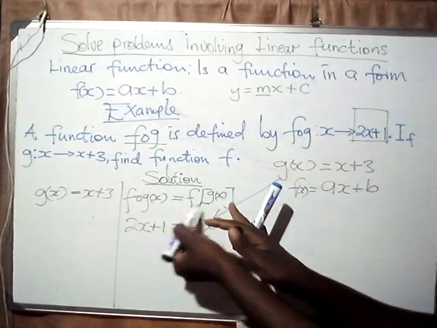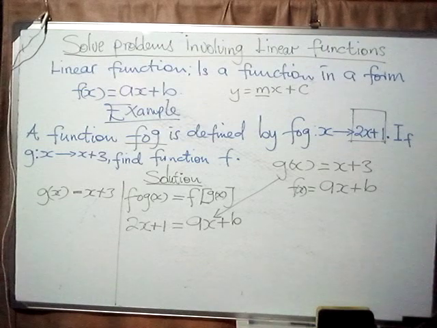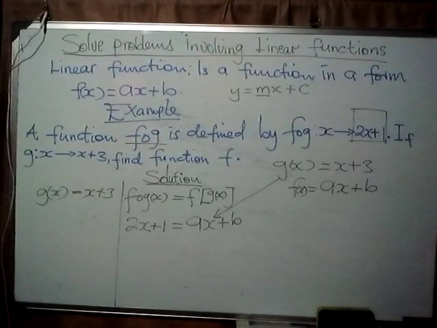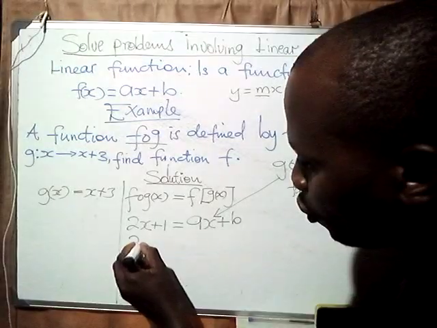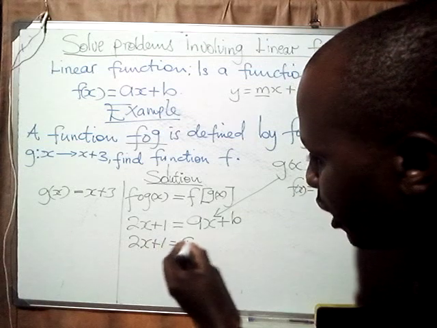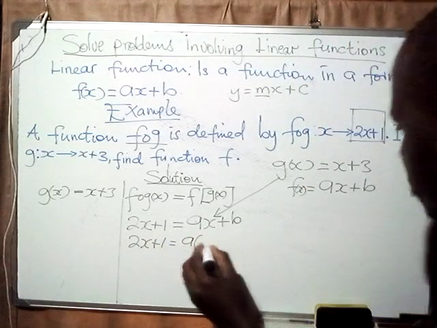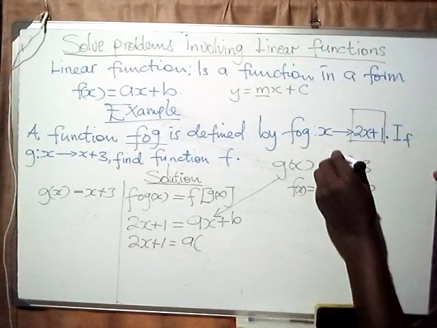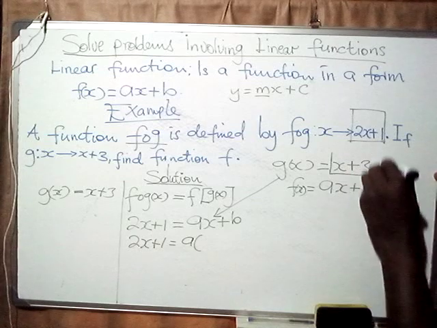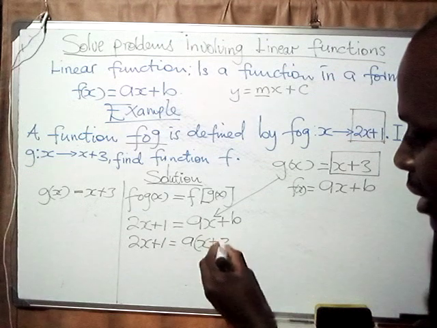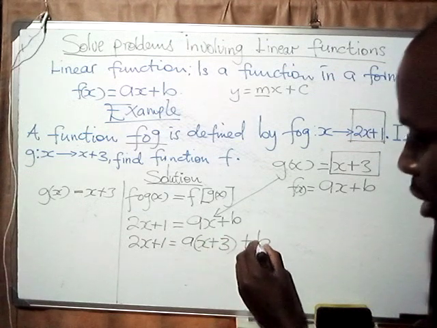Because this is the information we have just learned under composite functions. So this will now be 2x plus 1 is equal to a, open bracket, we replace x with x plus 3, close bracket, then plus b.